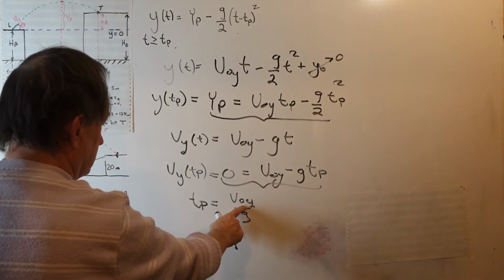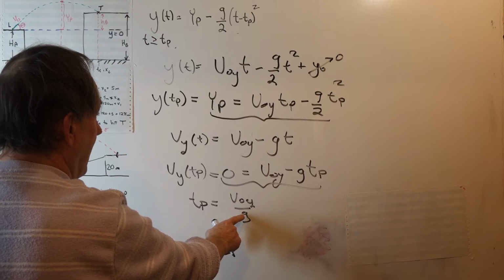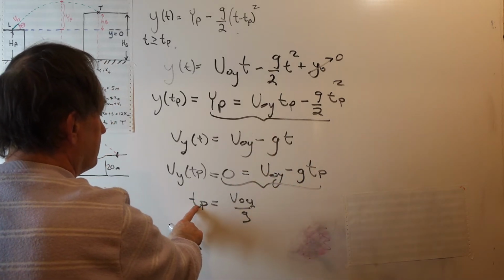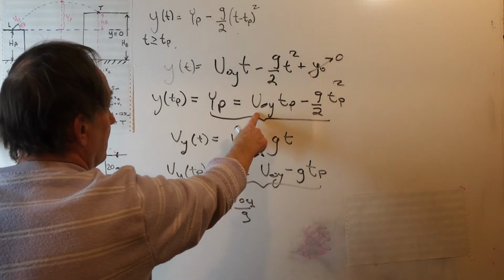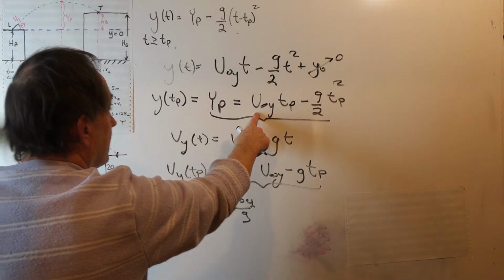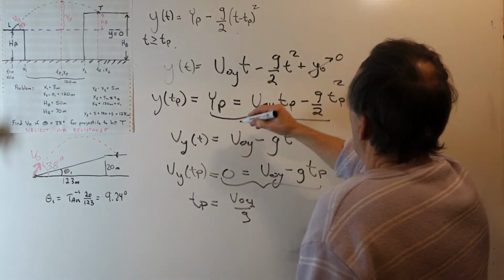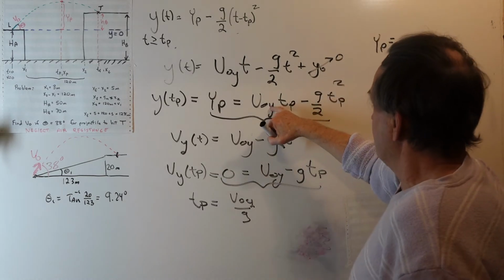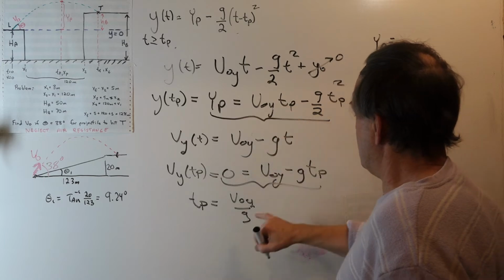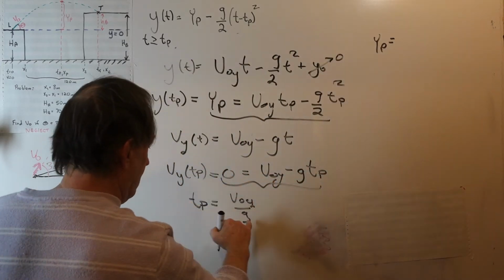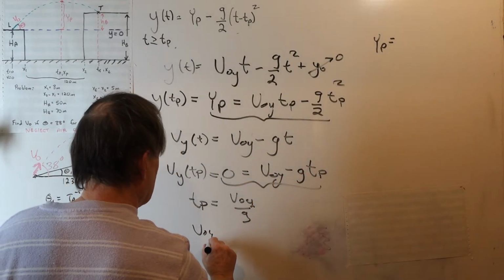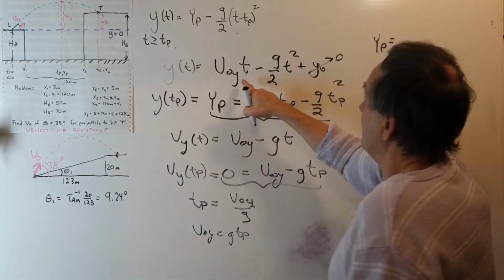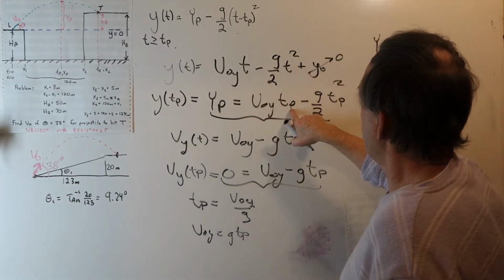Well, we got v0y in terms of t peak that we can put in this equation here. So we have y peak is equal to v0y times t peak minus g over 2 t peak squared. We'll solve for v0y in this equation: v0y equals g t peak. So we put that in here.